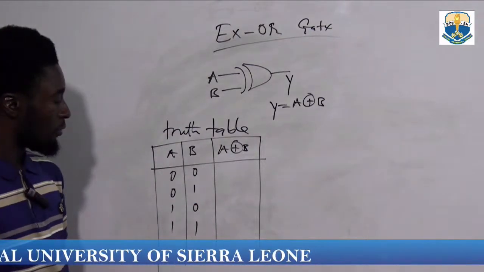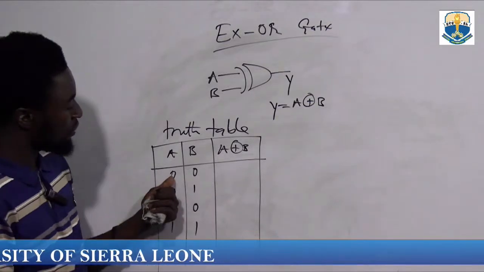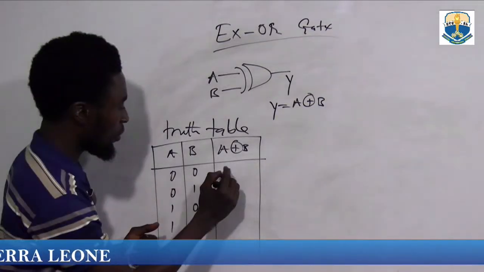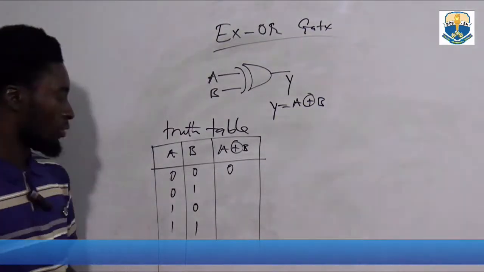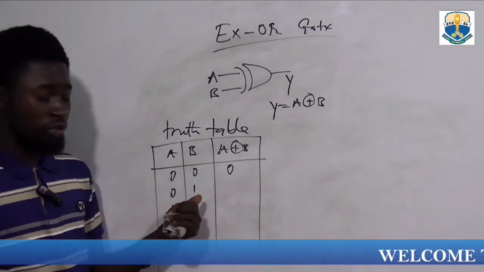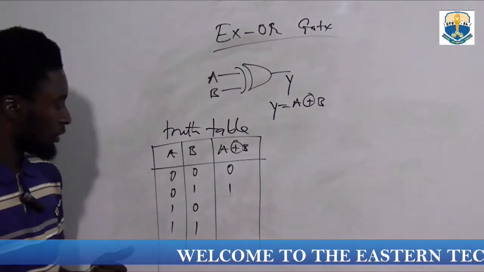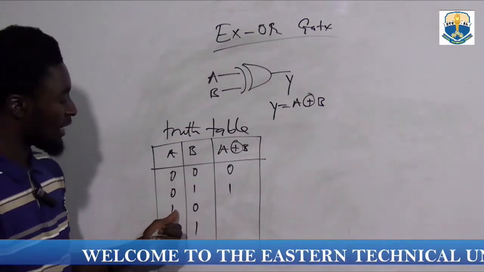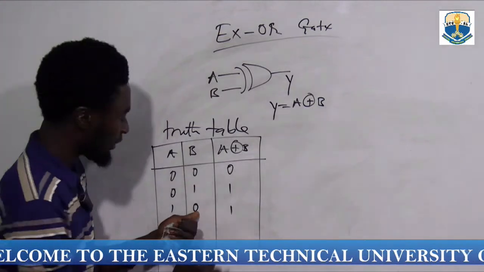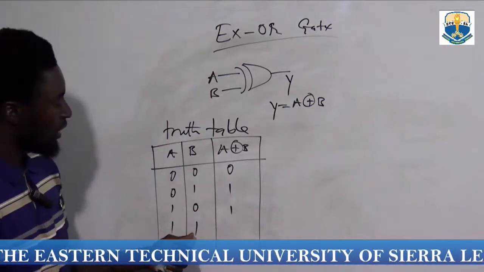So 0, 0, it is 0. And we have 0 here, but there is 1 here, so it is 1. So we have 0 here, 1 here, we say 1. And here we have 1 and there is 1 here also, we say 0.